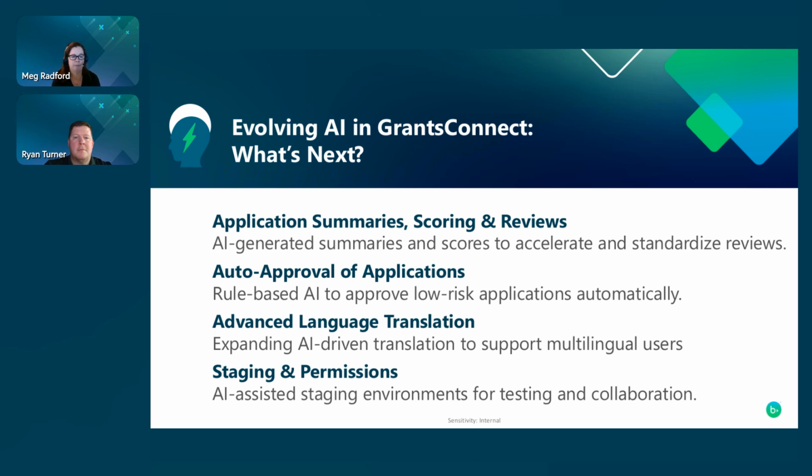And we're looking at possibly a rule-based auto approval for certain low-risk applications, or some other parameter, to reduce the manual workload that we all have. As I mentioned, we're also looking at AI-assisted staging environments for testing inside the product, and also expanding translation capabilities to support even more languages and use cases.